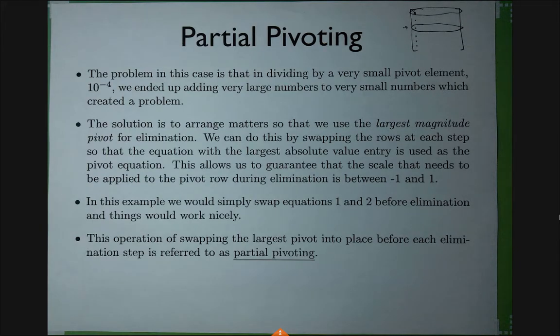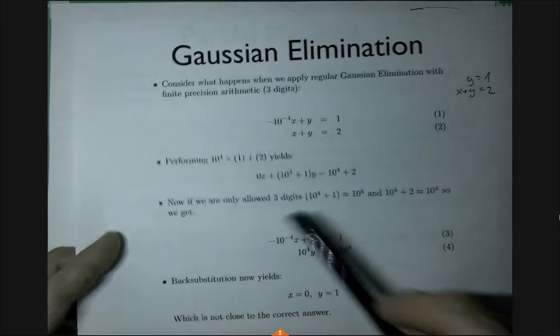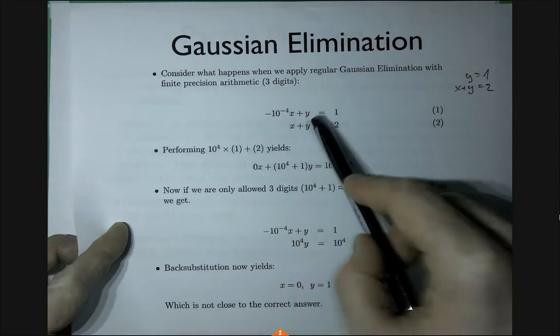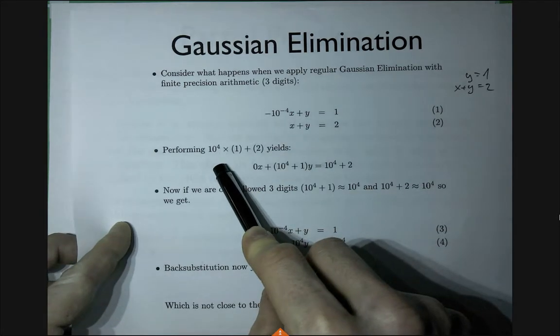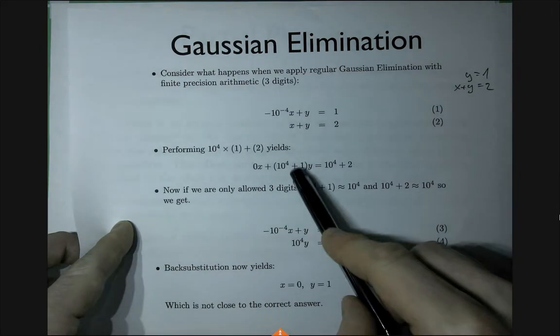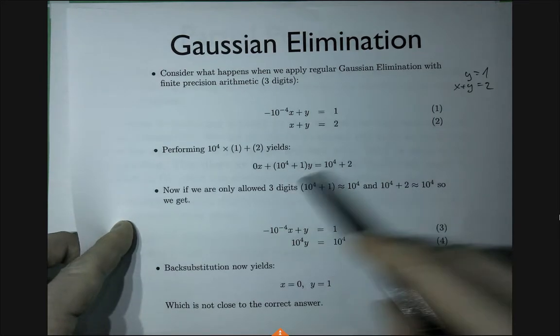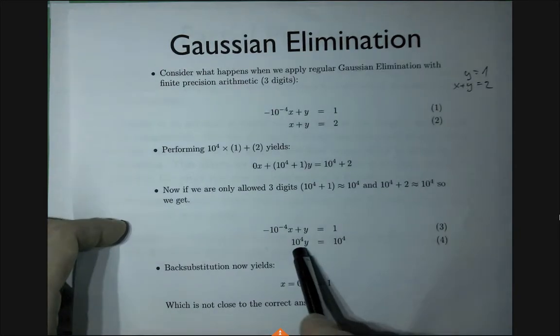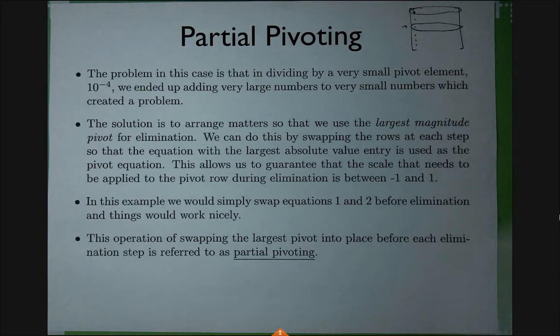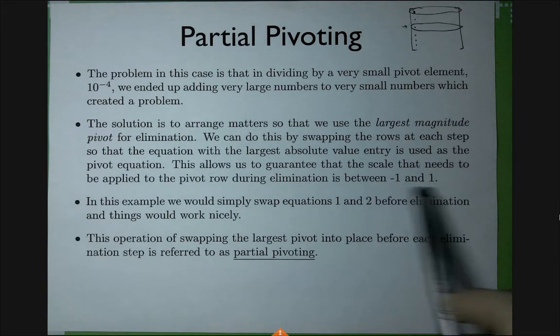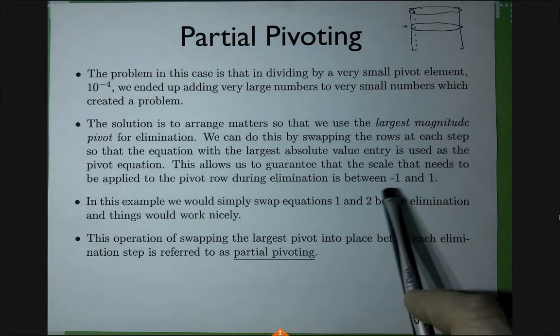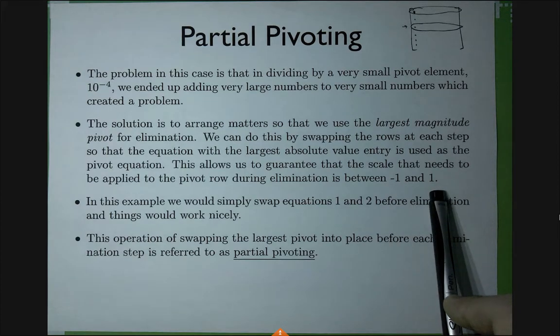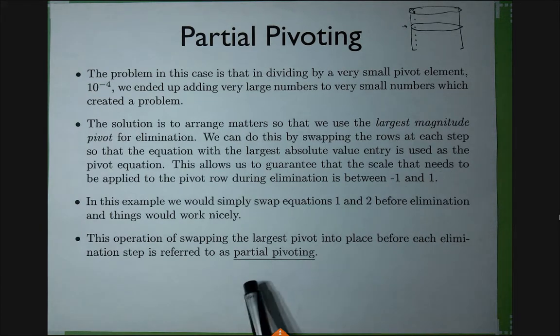Okay? And that's good, because the problem here essentially was that we had to multiply by a gigantic number. We had to multiply by 10^4, right? Which is why we got these small rounding errors, which got eventually amplified by the 10^4 and gave me a completely wrong answer. So if you will be only scaling down, if you'll be only multiplying by something between -1 and 1, this is going to be cool.